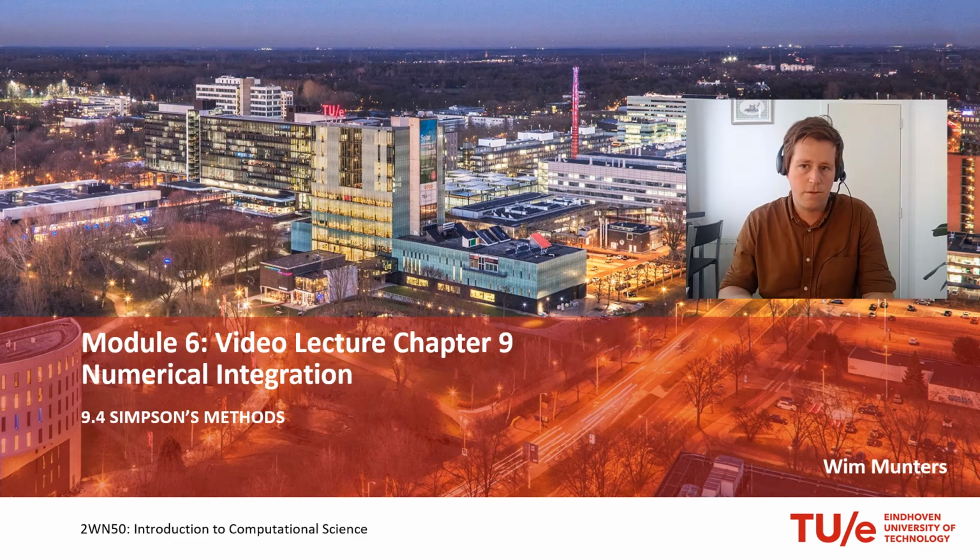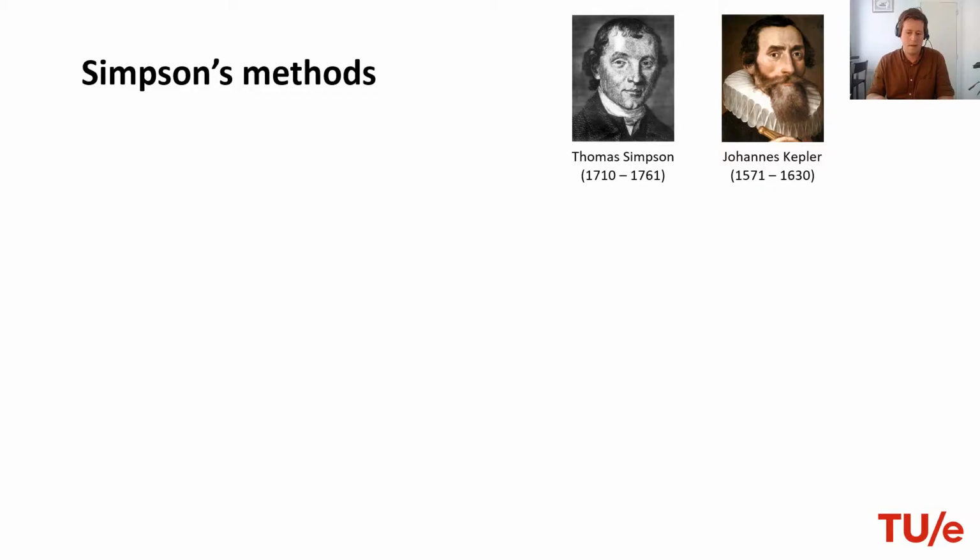In this video, I will talk about numerical integration through the use of the so-called Simpson's methods. Now, Simpson's methods, well, they were named after their main inventor, Thomas Simpson, shown over here, who lived in the 18th century.